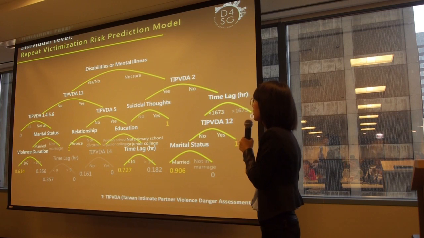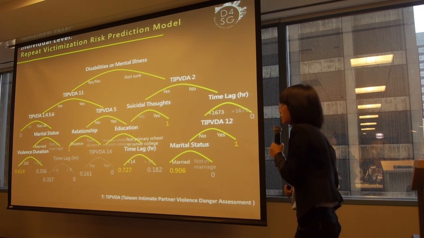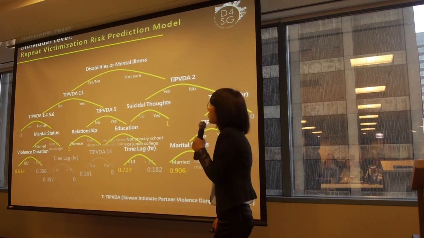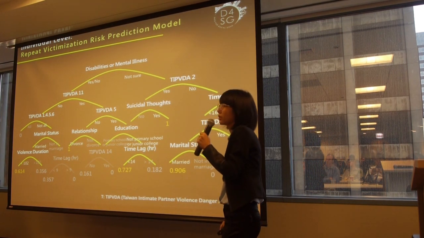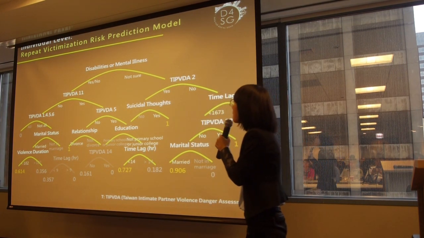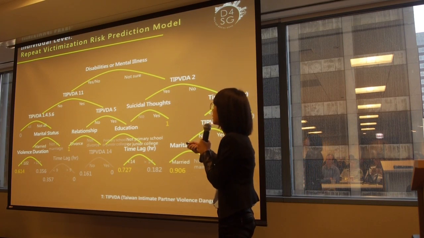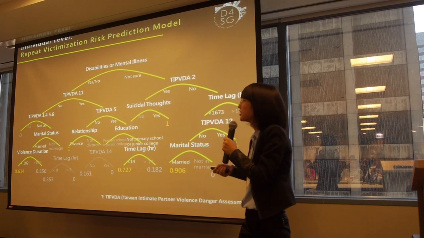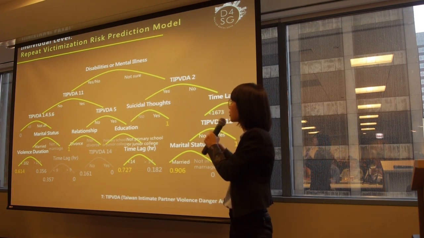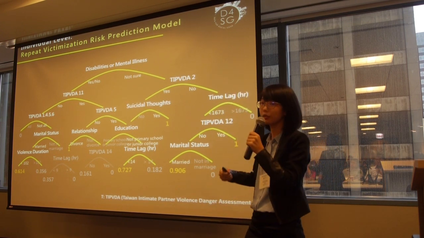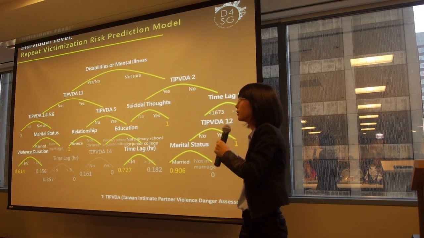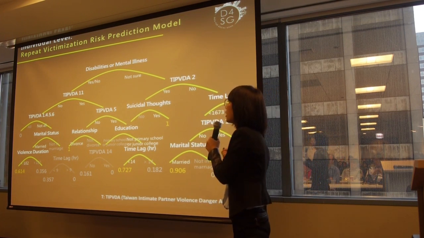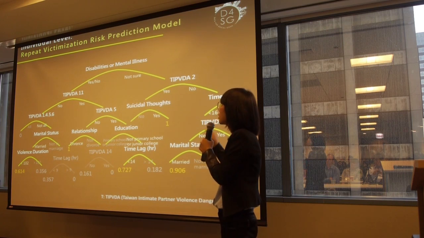This is a partial result of our random forest model. Something interesting in it: this data tells us something different from our common sense. You can see at the top of this tree, disability or mental illness. Common sense tells us that someone who suffers from disability or mental illness will suffer worse cases, but this data tells us "not sure."